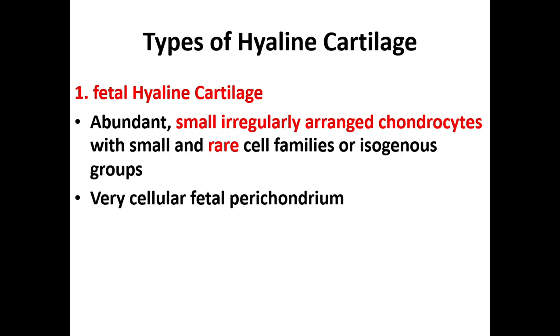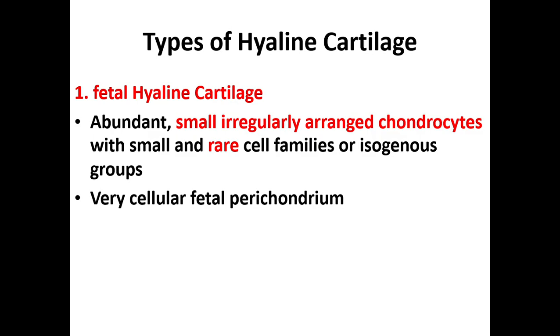Then the hyaline cartilage is subclassified into the fetal hyaline cartilage, the adult cartilage, and the articular cartilage. The fetal and the adult hyaline cartilage will differ under the microscope just by looking at the sizes of the cells.